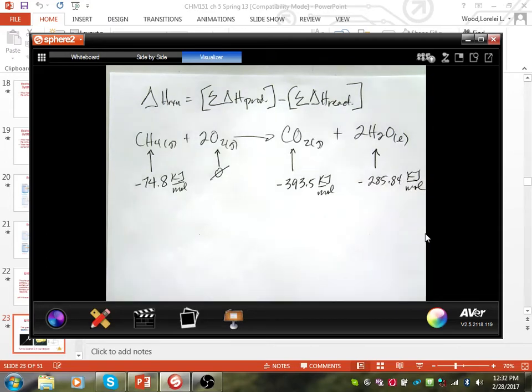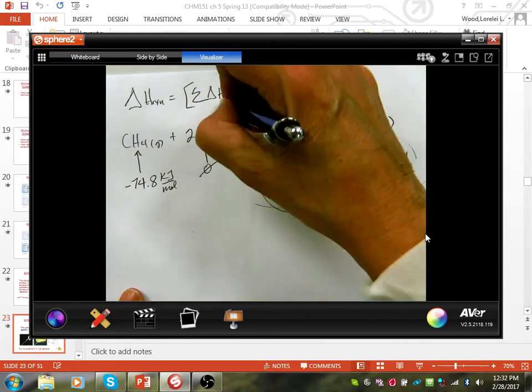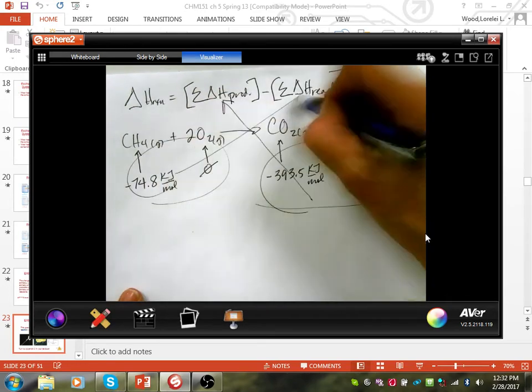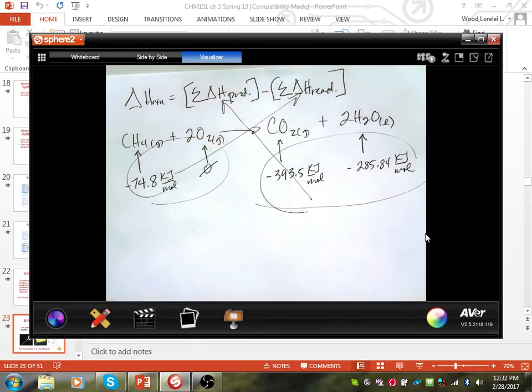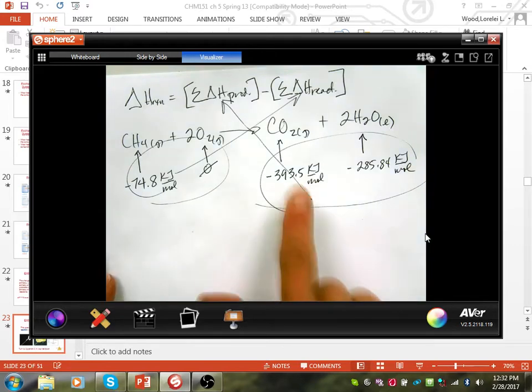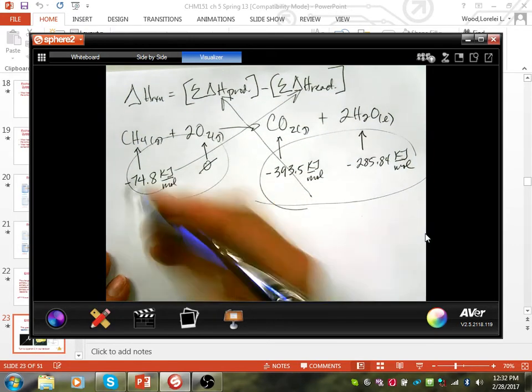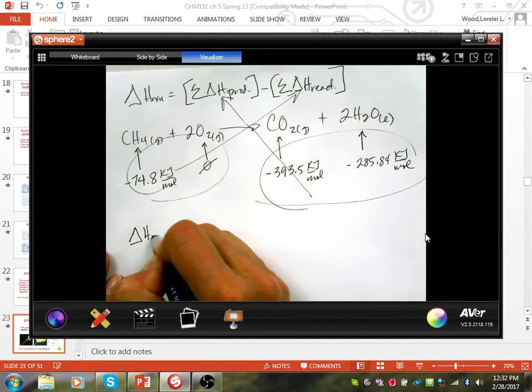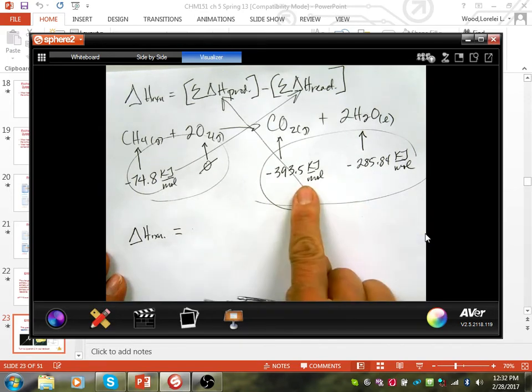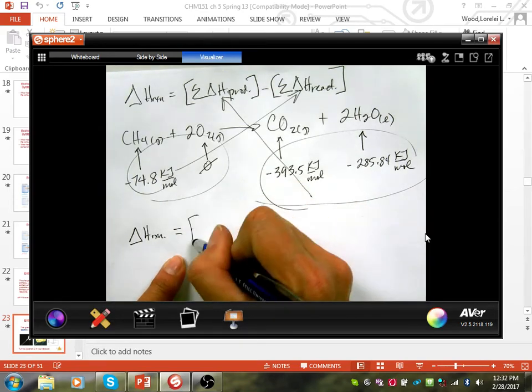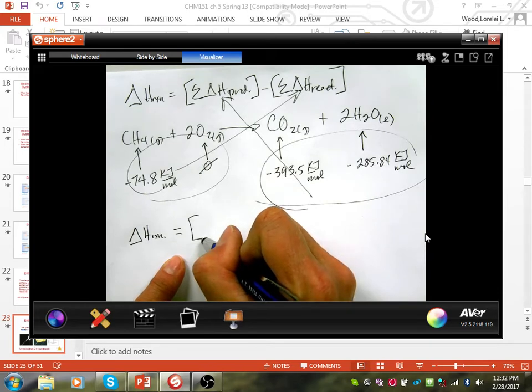Let's plug that into my formula. I've got to add up the enthalpies of the products, right? Then I've got to add up the enthalpies of the reactants. So let's do that. The overall enthalpy for the reaction is going to be, I'm going to use brackets to help keep my algebra and my signs straight.